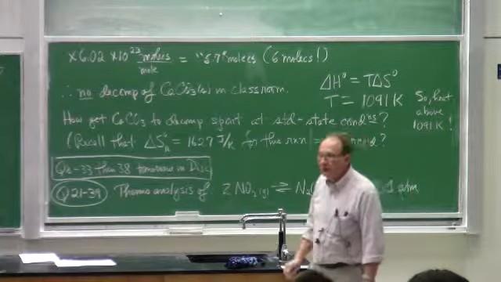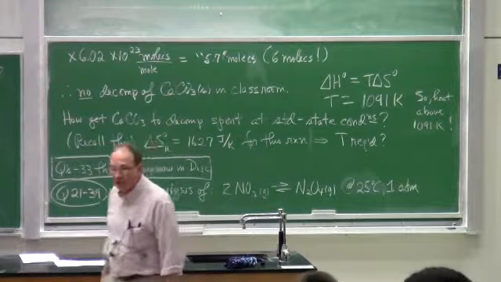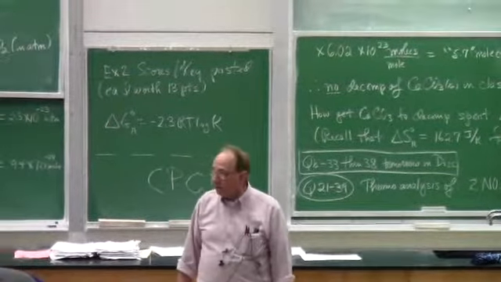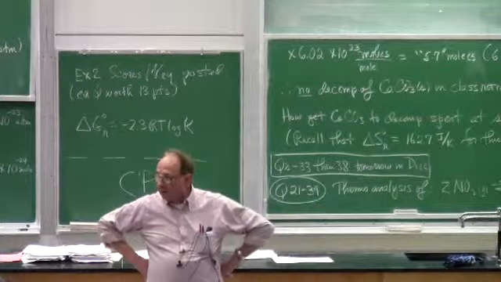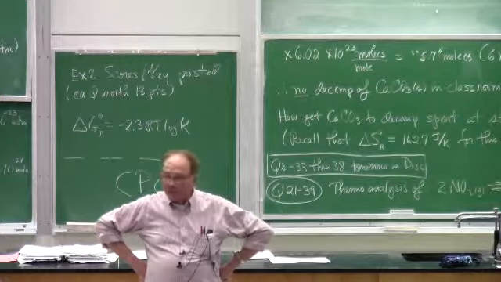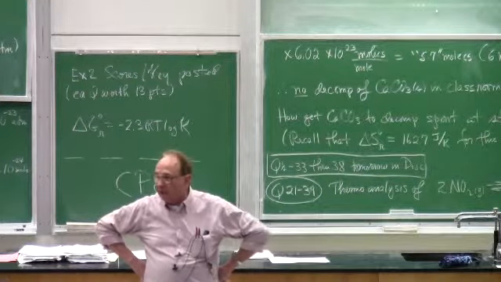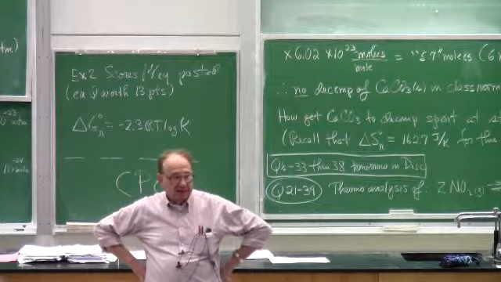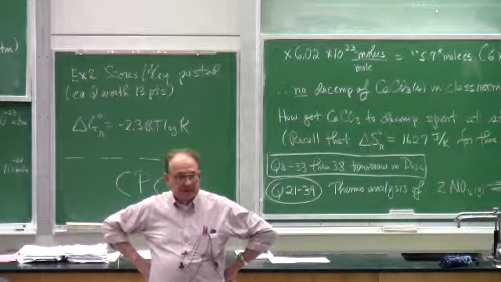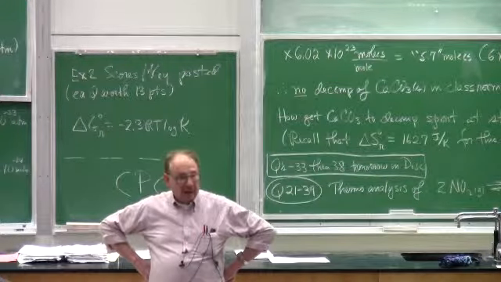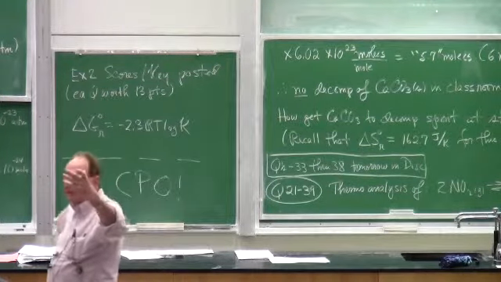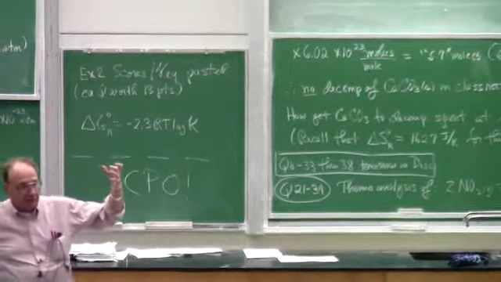Now, if you do this decomposition in a closed vessel, it won't proceed very far because shortly the system will come to equilibrium, because the partial pressure of CO2 will rise to a value above 1 atmosphere. But if you do this decomposition in the open atmosphere, it keeps on going, because the external pressure exerted by the open atmosphere on this system is 1 atmosphere.